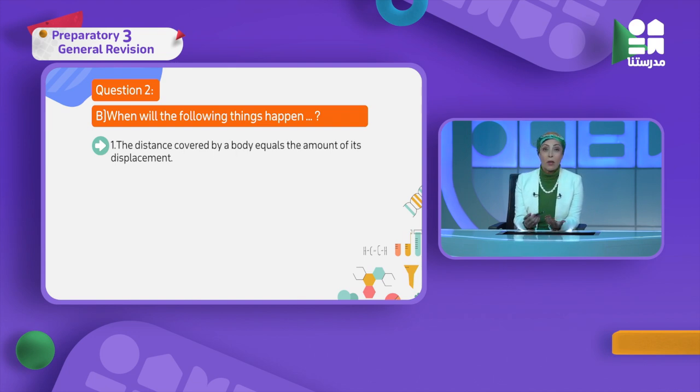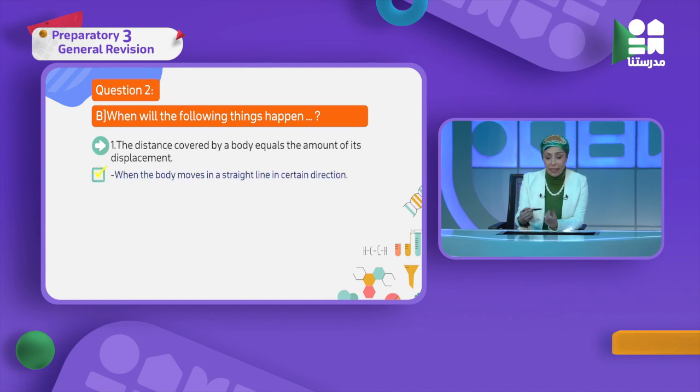Of course, when? When the body moves in a straight line in a certain direction. It moves a certain distance in a certain direction but in a straight line, and if you measure the distance it is the same as the displacement. So the answer here: when the body moves in a straight line in a certain direction.